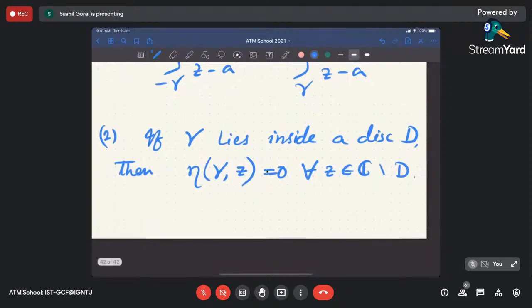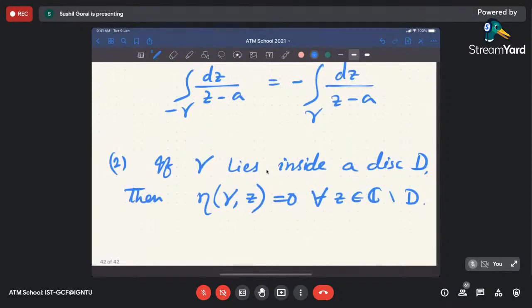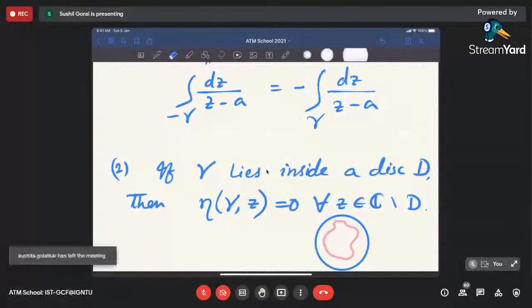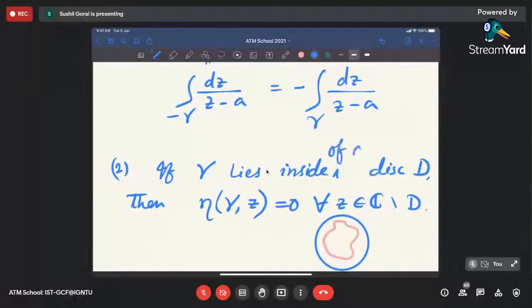So the picture is as follows. This is a disk, and gamma lies inside an open disk, right?